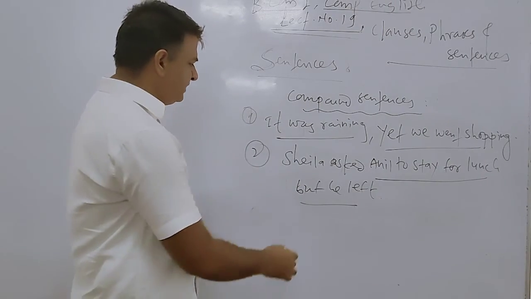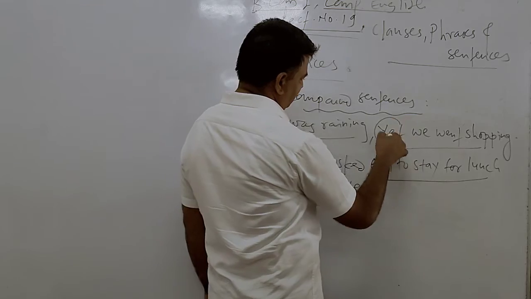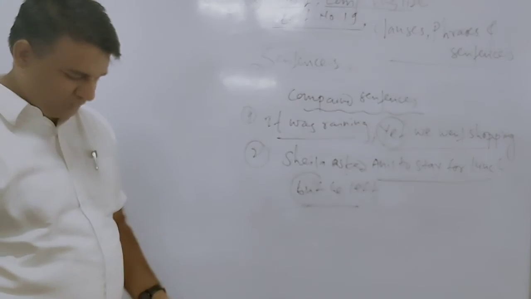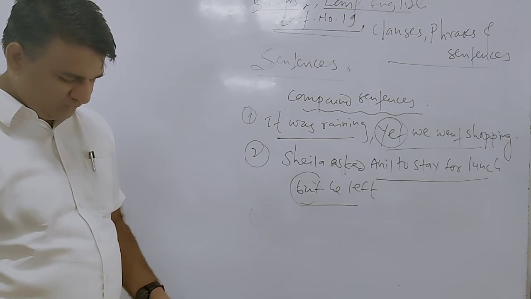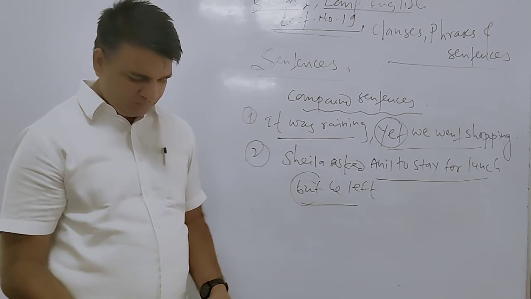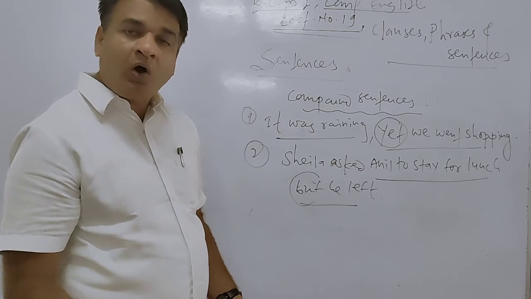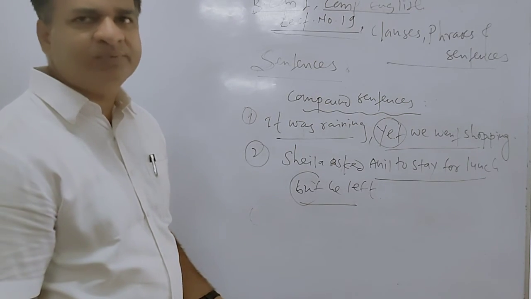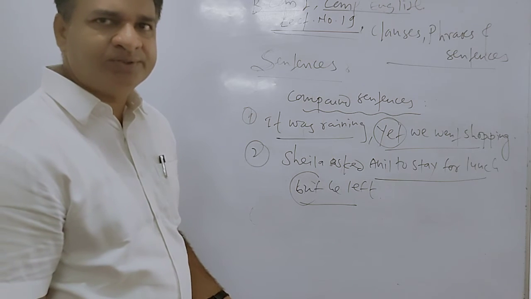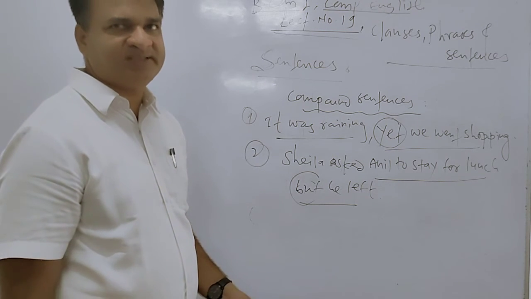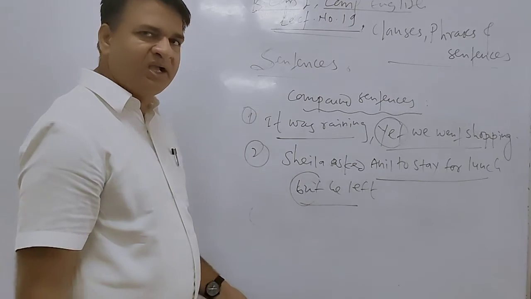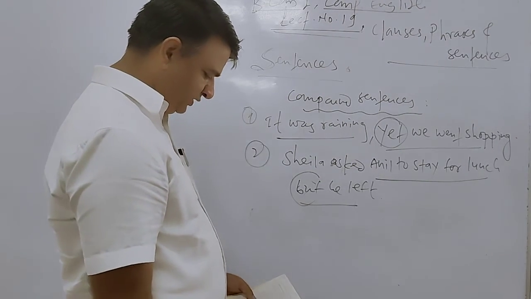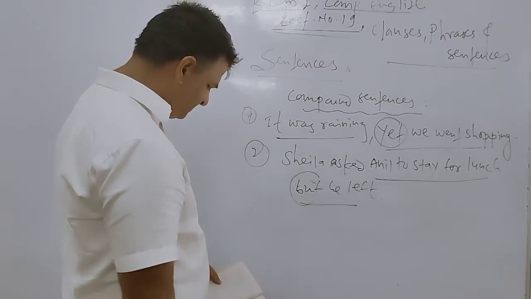But he left: with the help of this word "but" we can form the sentences of compound type, or with the help of "or", "and", "but", "because", all these words we can use to form the sentences. Two sentences are used and the second one is attached or begins with a conjunction.